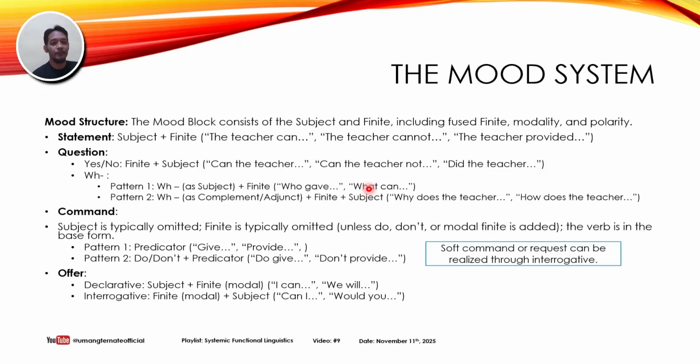Here the WH element, like who or what, is the subject of the clause. Meanwhile, the second pattern has the WH element not as the subject but as the complement or adjunct, and then followed by the finite and the subject.